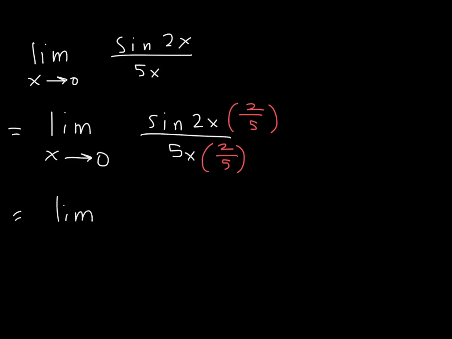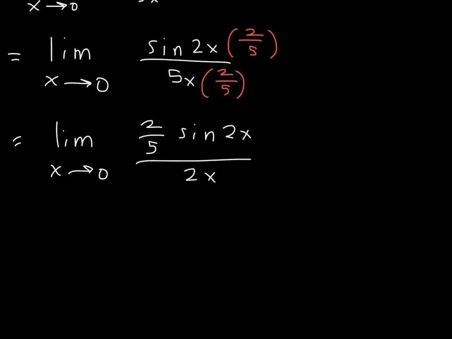Let me rewrite this so that it's a proper notation. So then this would be the limit as x approaches 0 of the numerator would be 2/5 times sine of 2x and then over 2x. Right, everybody? Now this 2/5 here can be pulled out in front of the limit.